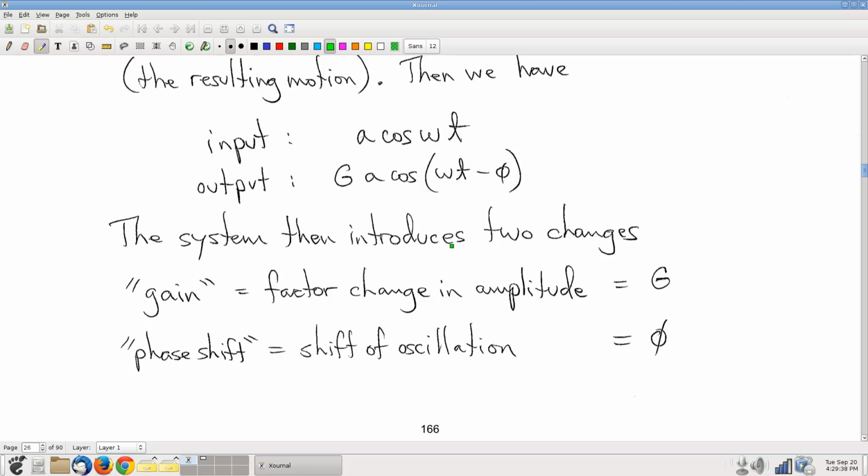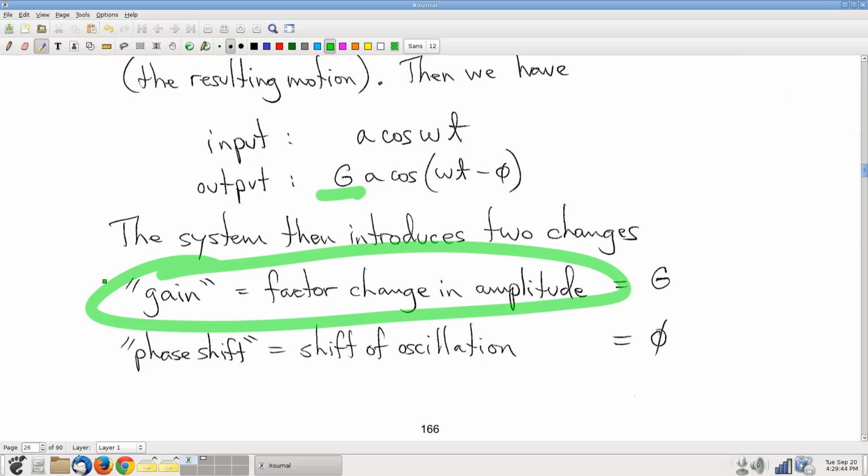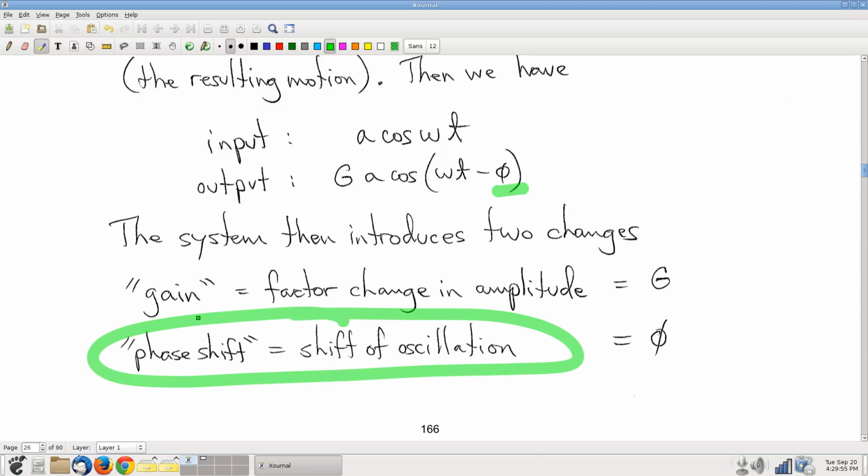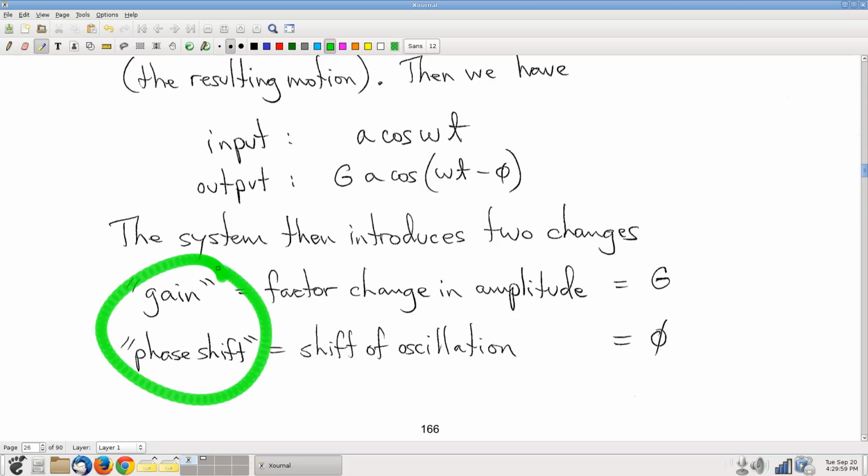And among other things, there's a change in the amplitude that is referred to as the gain for that amplifier. That's the result of solving a differential equation. And then there is a phase shift in the signal that comes out as well. So these terms, gain and phase shift, don't just apply to mass on springs. They apply to any sort of a system that's described by a similar differential equation. Okay, so very quickly, here's an example.